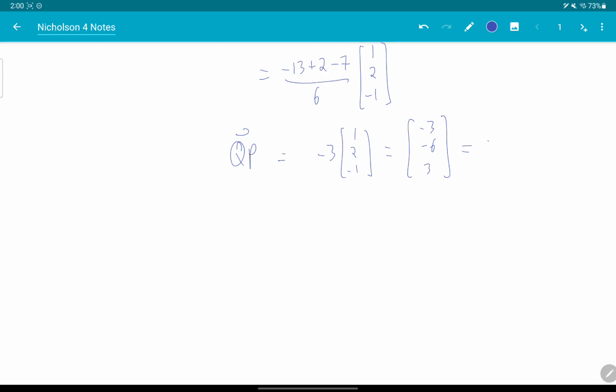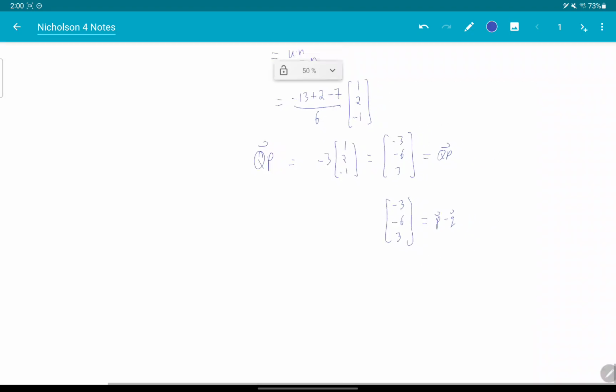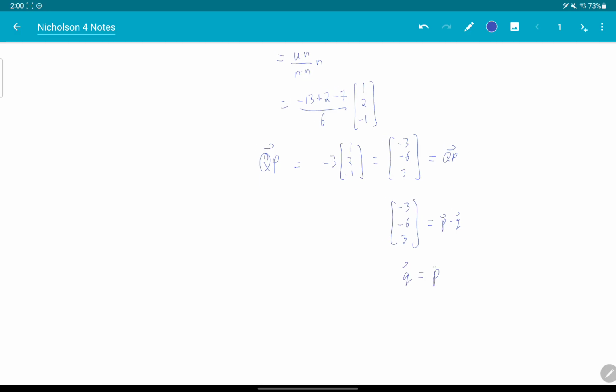So if this is QP, that means I can find the corresponding vector Q, because remember, when you have a vector connecting two points, it's the subtraction of the corresponding vectors. So if I solve for Q, I get Q is going to be P minus this vector.